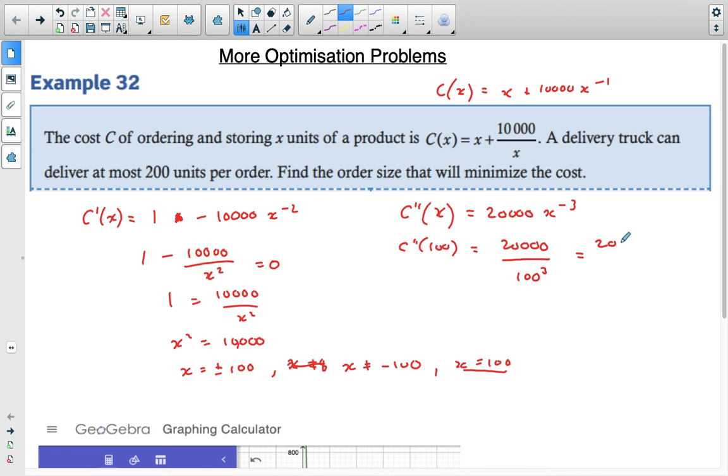You could work out what that is, 20,000 over a million, but it doesn't really matter. The key thing is that it's positive, a small positive number. So it is a minimum value.